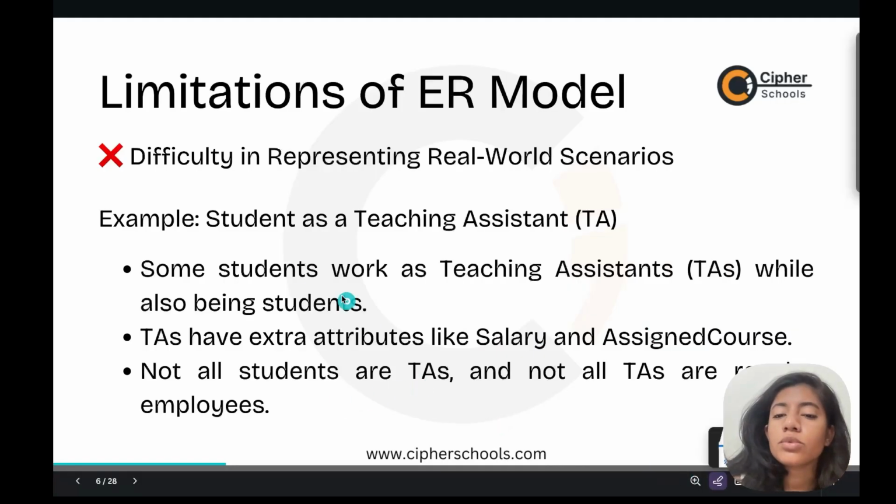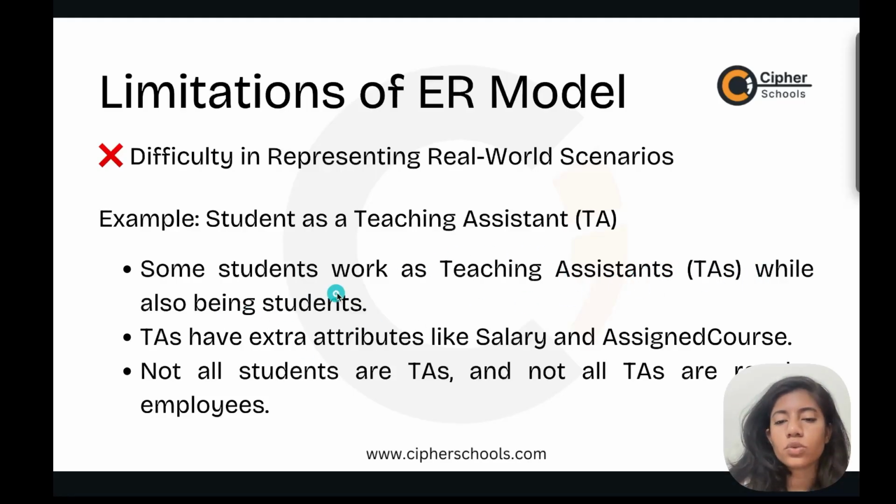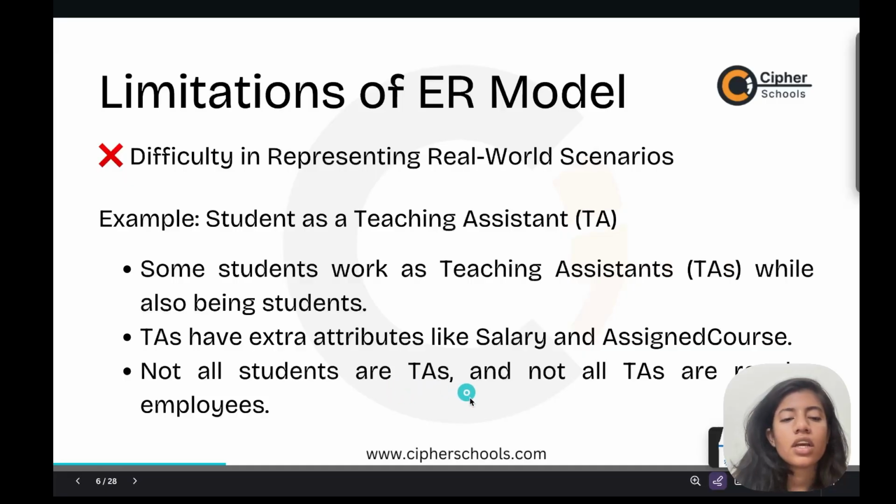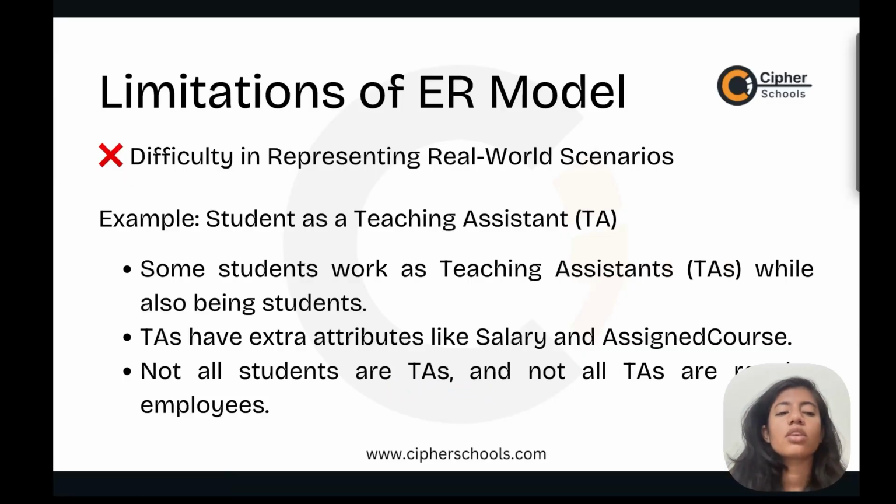Some students work as teacher's assistants while also being students. So if we keep these two as different entities, we are skipping the relationship between them, right? TAs have some extra attributes like salary and the assigned course. They're working for a particular course. But not all students are TAs, and not all TAs are regular employees, like they're not professors.